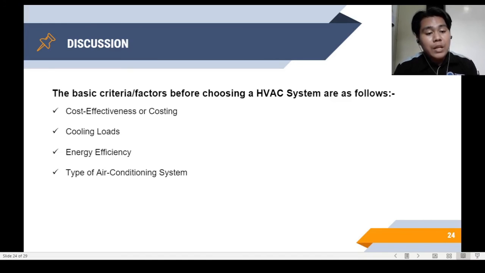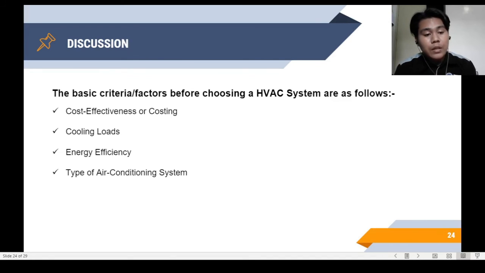Next, for energy efficiency, to achieve an energy efficient heating, ventilation and air conditioning system in a building, it is essential to enhance the design of the various integrated mechanical and electrical components and to control and operate them optimally.